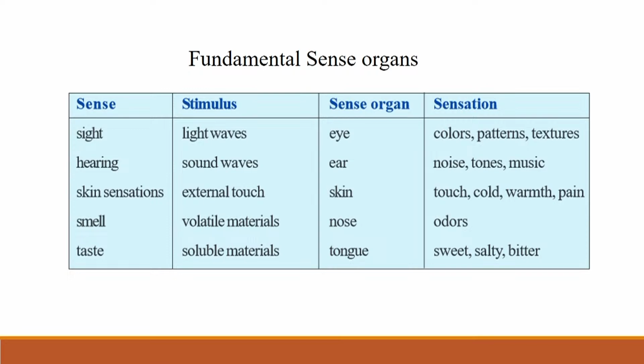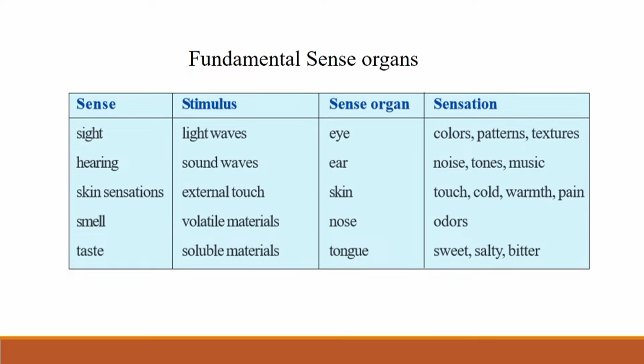Then we have skin sensation. It is related to external touch, and skin is the sense organ, and the sensations are touch, cold, warmth, pain. So these will be the sensations when we talk of the skin as a sense organ. Then we have smell.